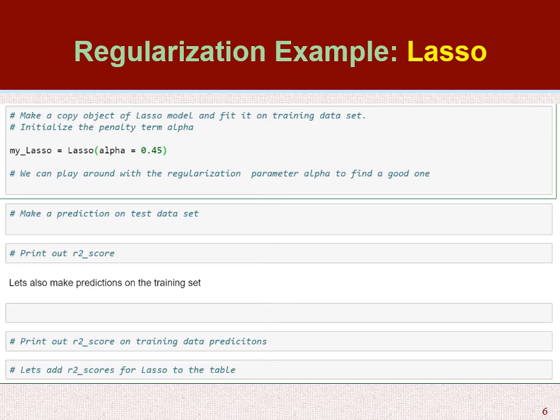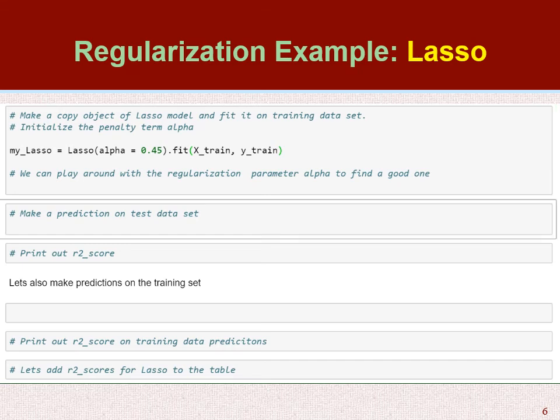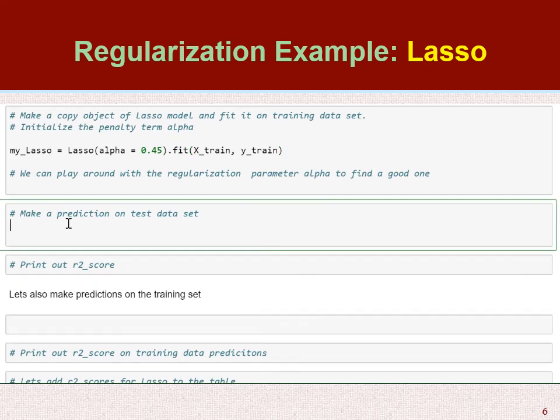All right, now we can train our algorithm in the same line. Let's do that: fit, and I'm going to give it the training data, X and Y here. Later we can play around with the values of alpha to see if it changes the performance of the model. Let's now make a prediction on the testing data set.